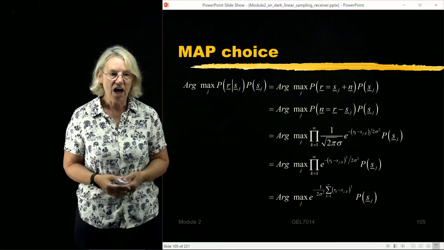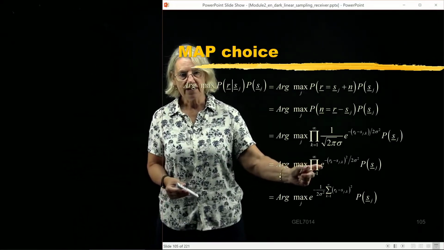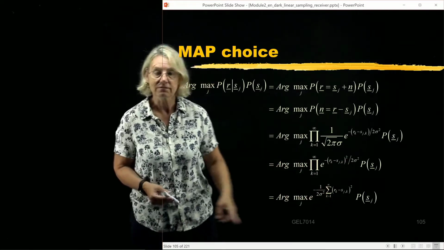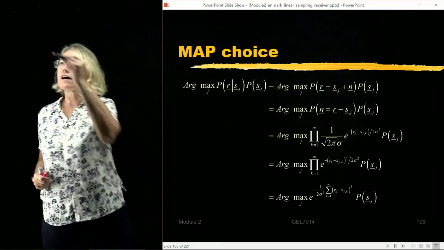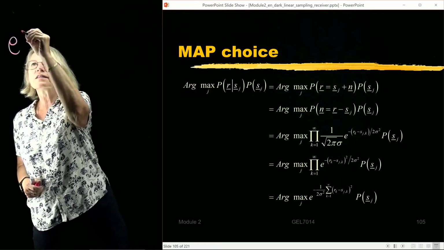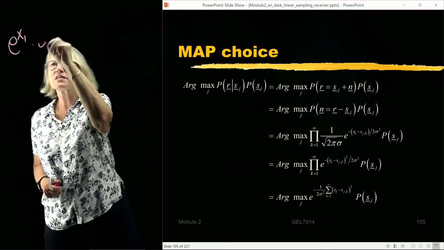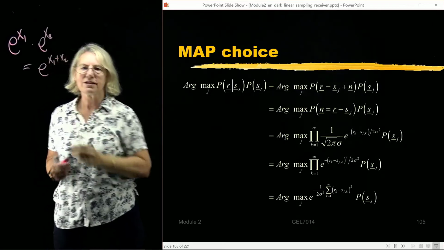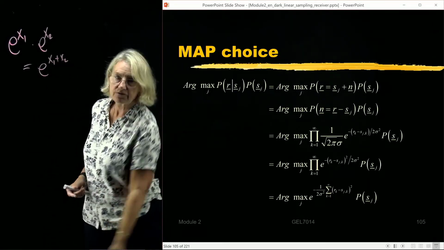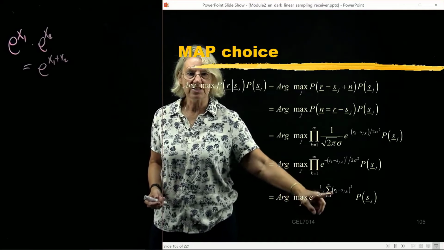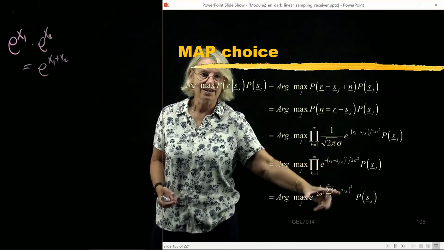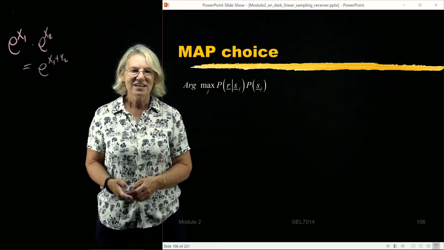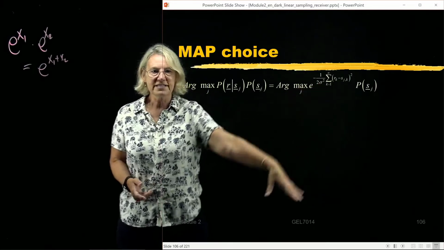I can take this product of exponentials and say that's just the exponential of a summation, using the result that e to the x1 times e to the x2 is e to the x1 plus x2. So it becomes an exponential of a sum. Instead of having a massive product, I just have a sum in the exponential. It makes things look a little easier. So we'll start from that point now and continue on.